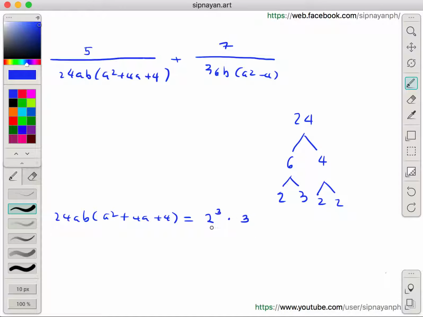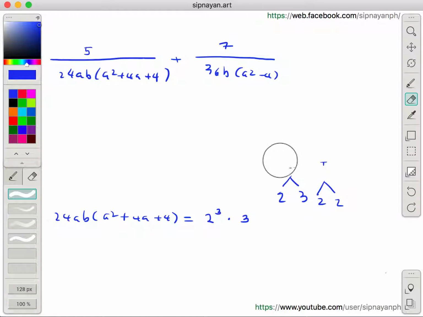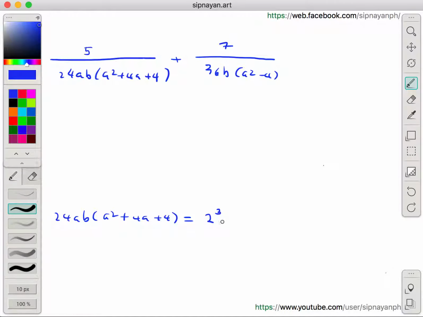So, mapapansin nyo, yung base natin increasing para madali natin later makita yung pattern. 2 cubed times 3. Next, yung AB, wala naman silang kasama. So, we just write AB.